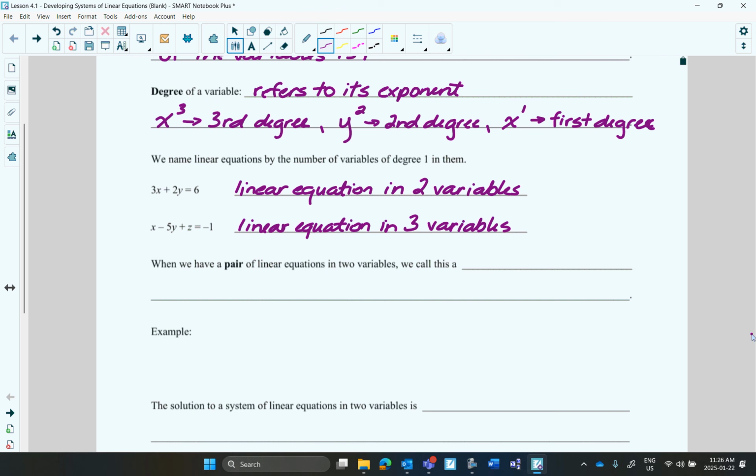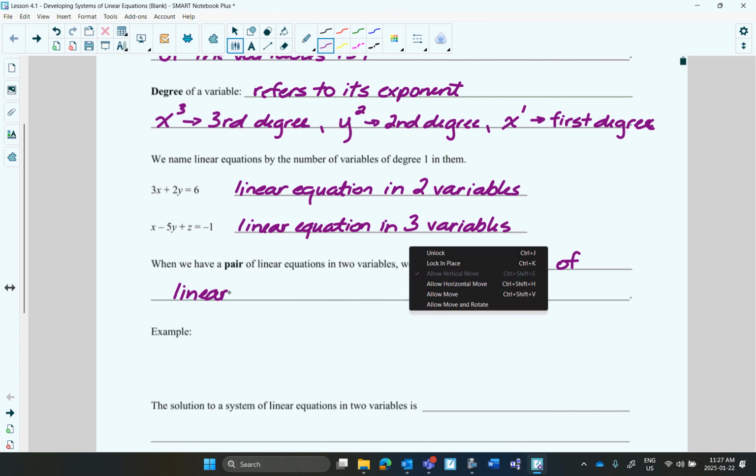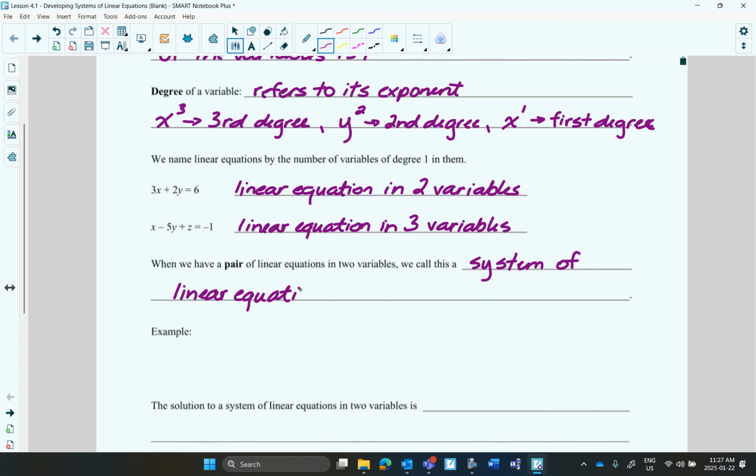When we have a pair of linear equations in 2 variables, so we have 2 of these, okay, we call this a system of linear equations. You don't have to know these definitions, but you do have to know what I'm talking about when I use the word system of linear equations. You can say in 2 variables, but system of linear equations is good.